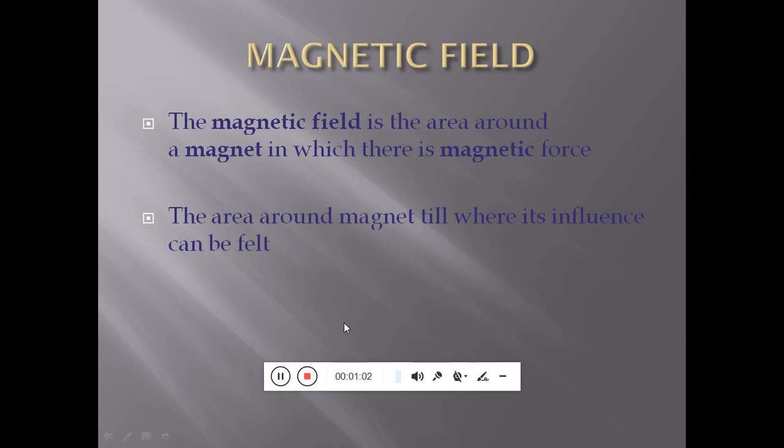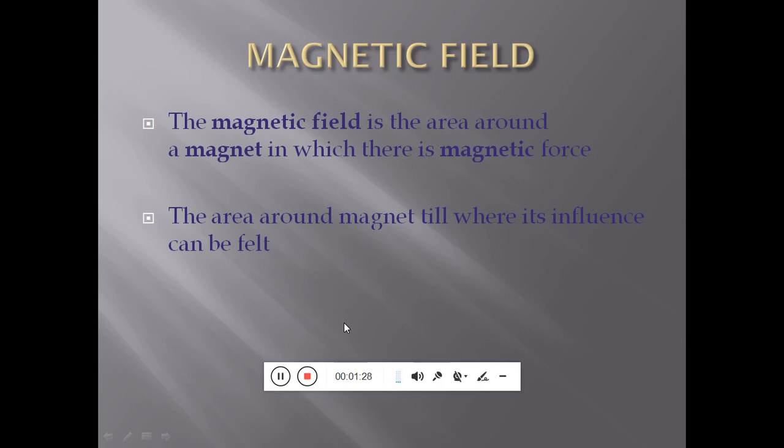Now suppose you are moving the iron nail away from that magnet. The force which you were experiencing would be reducing. Its magnitude would be reducing because you are moving away from it. There would be a certain point where you will not experience any force.